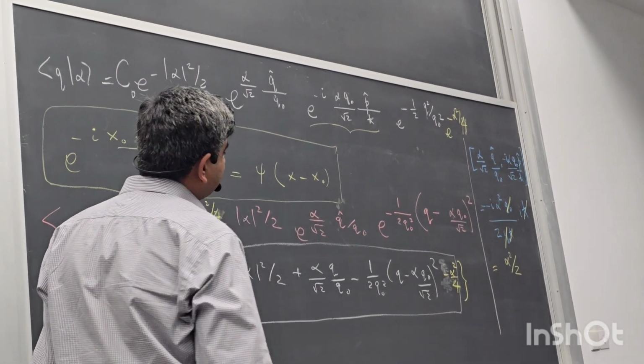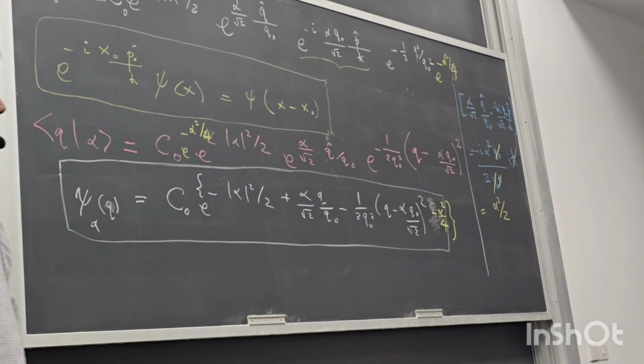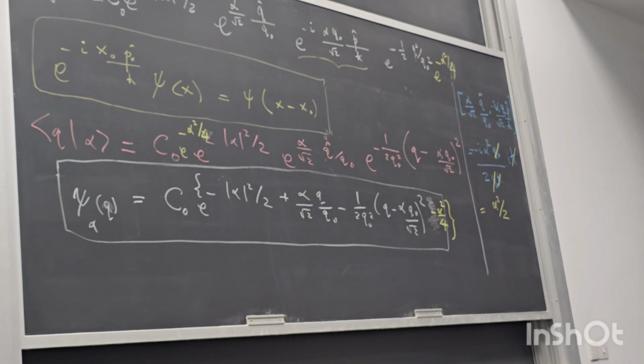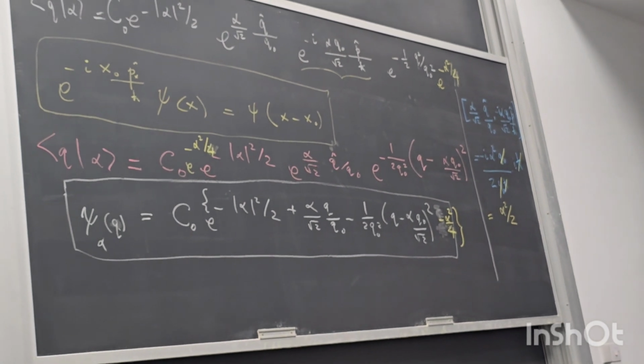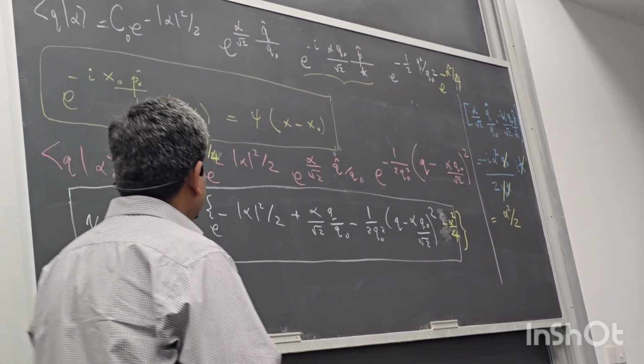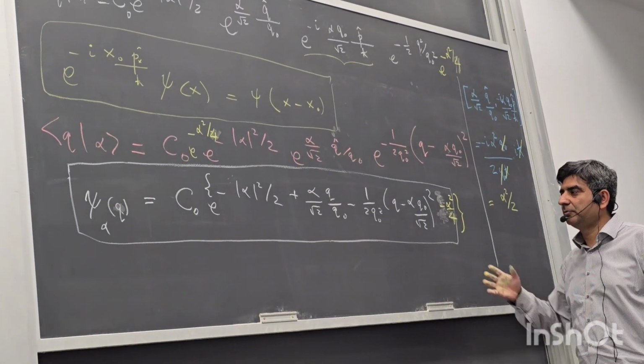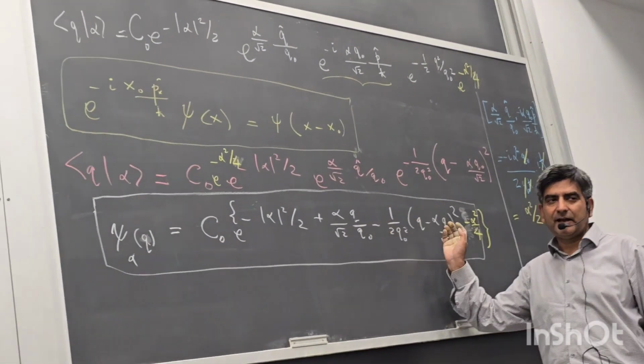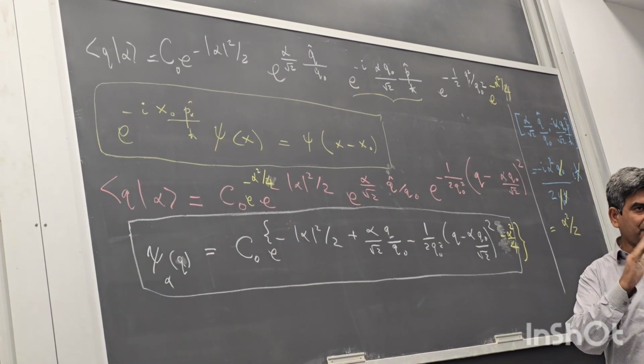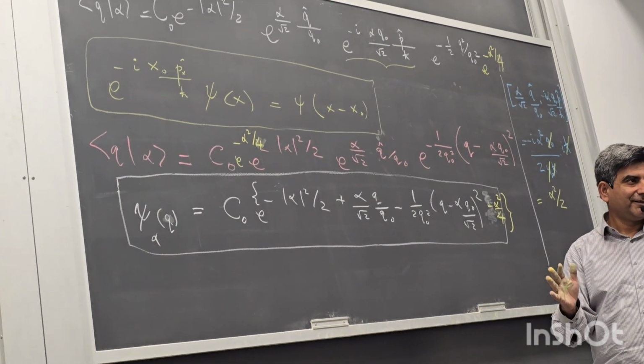So this is our position wave function. It's a displaced Gaussian. Now what I could do, this factor is independent of Q, this factor is independent of Q. These two factors have Q in them, so I can do a completing-the-squares kind of approach.